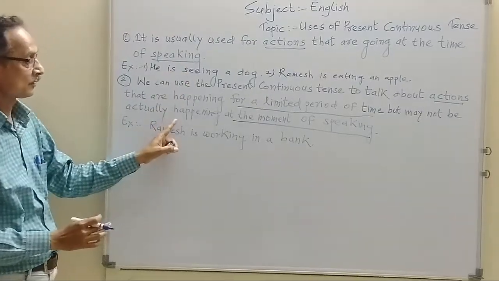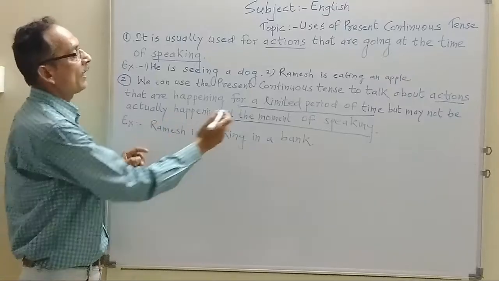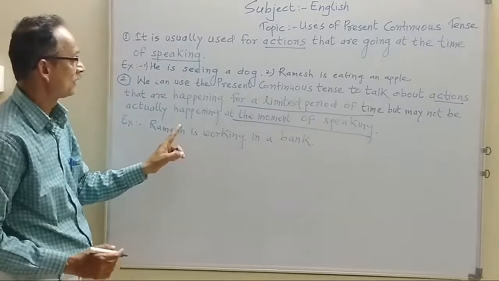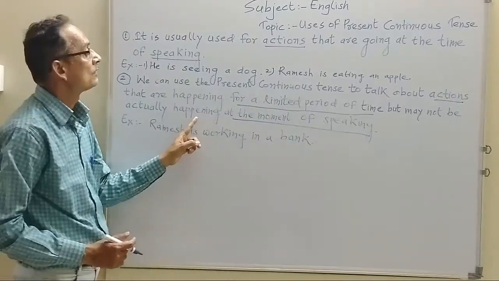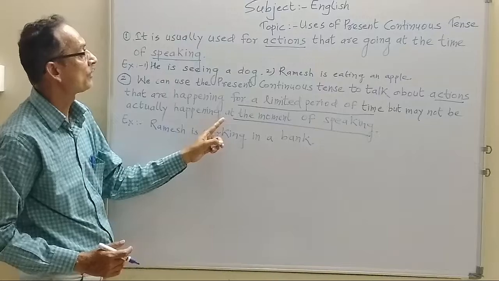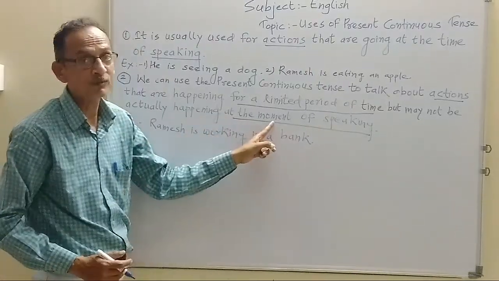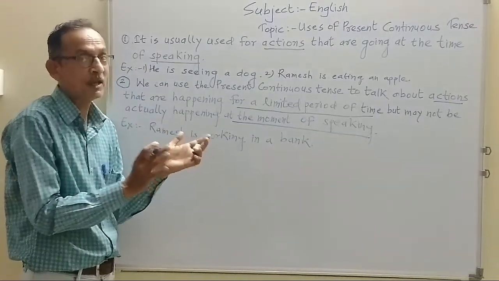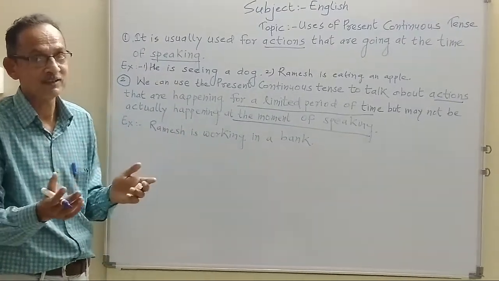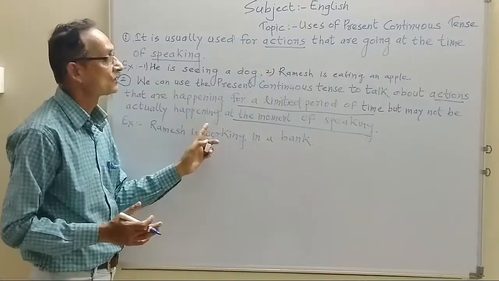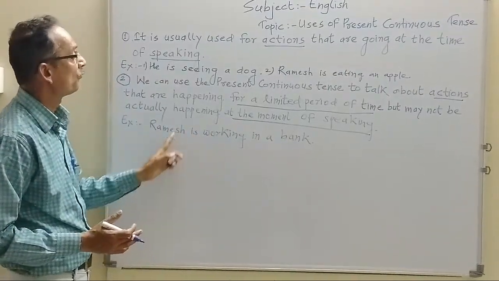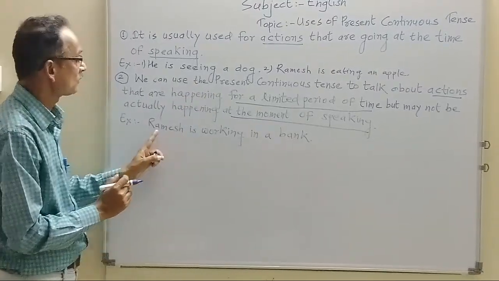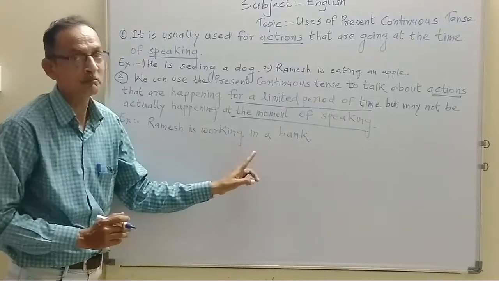But in the second use, if an action happened for a limited period of time, but the action is not happening at the moment of speaking, meaning an action that happened for a longer period of time, but presently the action is not happening at the moment, we can also use present continuous tense. For example, Ramesh is working in a bank.